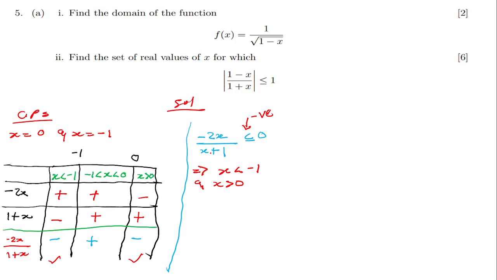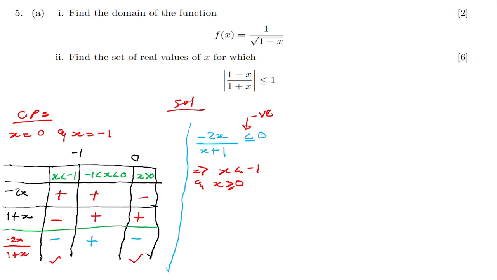So you're going to put an equal to on 0, but not on -1. The reason is that when you put -1, the expression becomes undefined, because that's a rational expression. That's why we are not putting an equal to on -1.